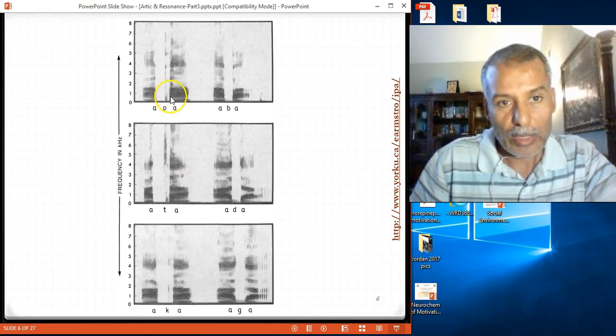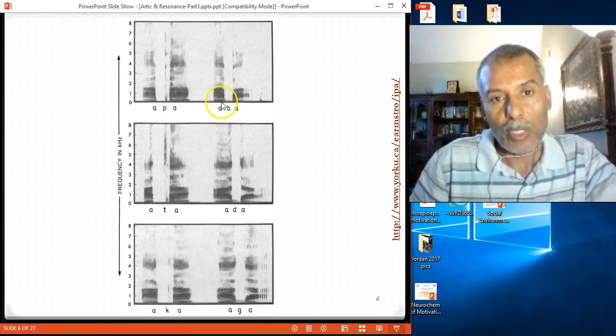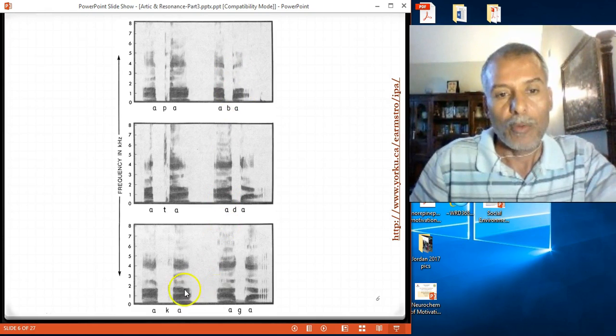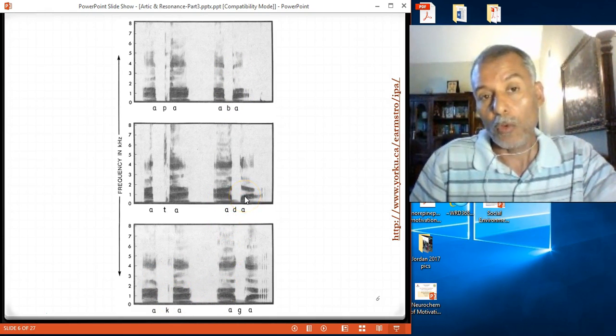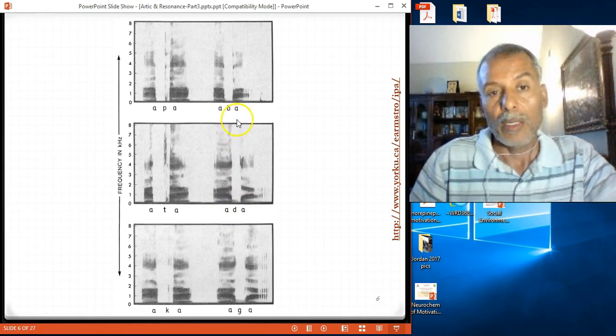So for the voiceless, there is a little bit of a delayed transition, but if you look at the voiced ones, there is almost zero. There's no break in between. You say ba. As soon as you release, you transition directly into the next vowel for the voiced sounds, because for voiced sounds the vocal folds are vibrating, and the d and the other ones are also vibrating.